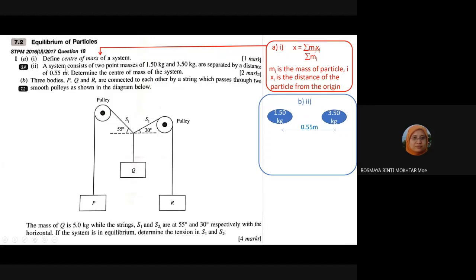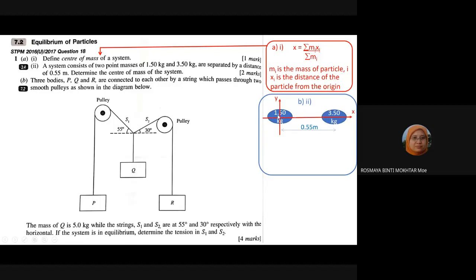A system consists of two point masses of 1.5 kg and 3.5 kg separated by a distance of 0.55 meter. Determine the center of mass of the system. To determine the center of mass, we use this equation. We choose a fixed point on the 1.50 kg. You can choose here or here, it's up to you, anywhere. If you choose the middle, also can.